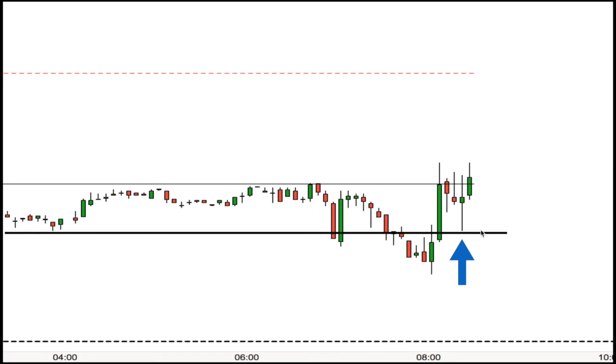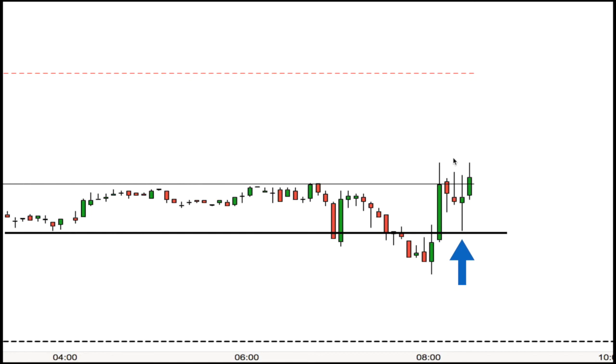So I know that if price drops down below this level here, then I'll be wrong in taking my decision to make the trade, and therefore I'm prepared to be stopped out at that particular level here. Okay, I could put my stop down here. However, I don't really see much advantage in doing that, given that there's a support level at this level here which is closer and will lower my risk.